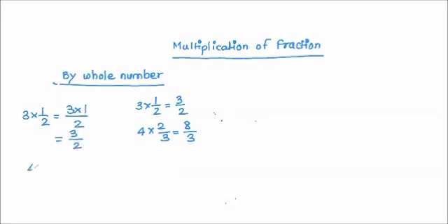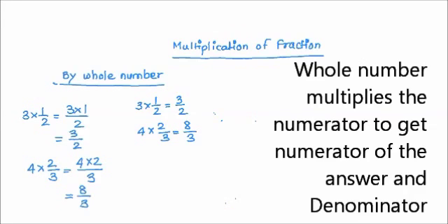Same way, 4 into 2 upon 3 is equal to 4 into 2 upon 3, so that is equal to 8 upon 3. So in multiplication of a fraction by a whole number, the whole number multiplies the numerator and the denominator remains same.